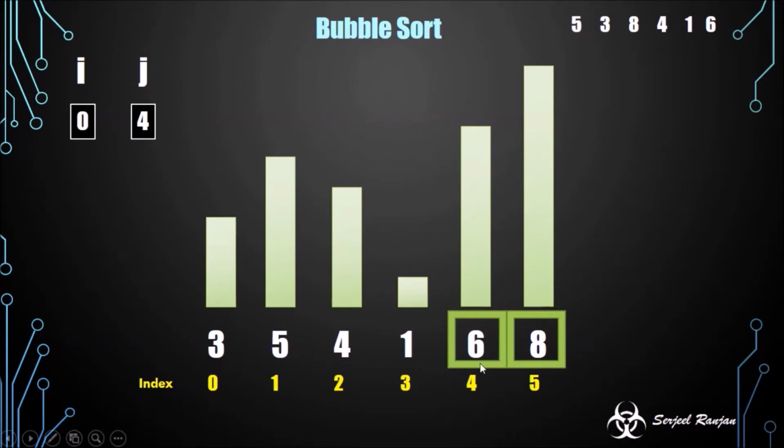As you know, this window has to traverse 6 times over this array repeatedly, then only our array will be in sorted order. For that purpose, the value of i finally should reach 5, because 0 to 5 is the count of 6, right? So it has to reach the value of 5, then only we can confirm the array will be sorted. So let us go further.